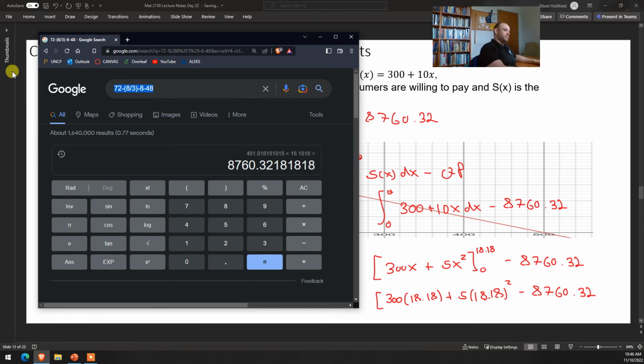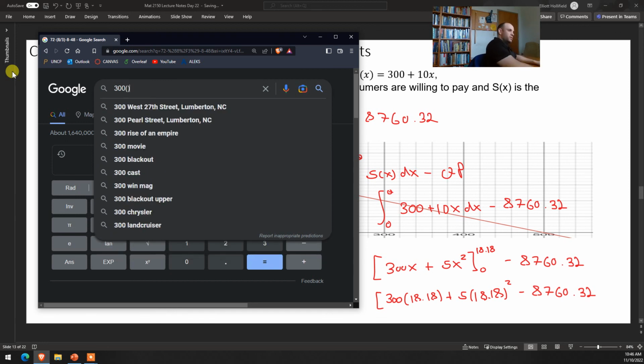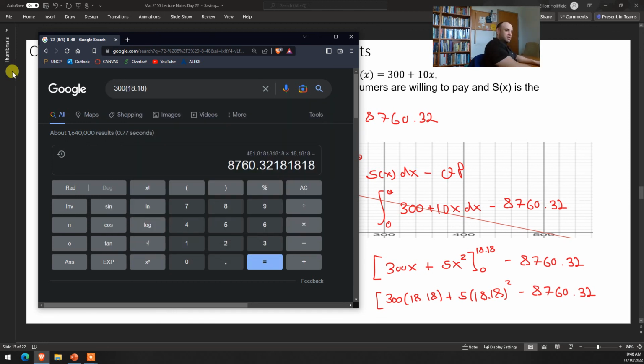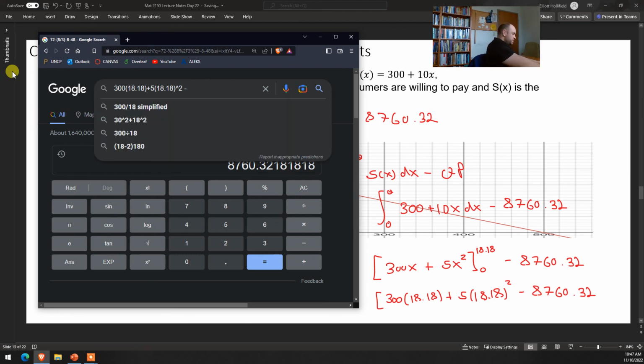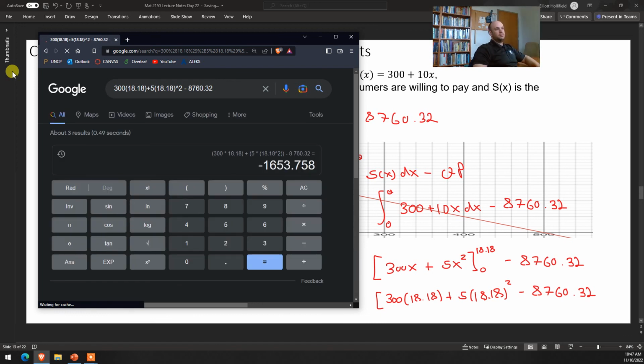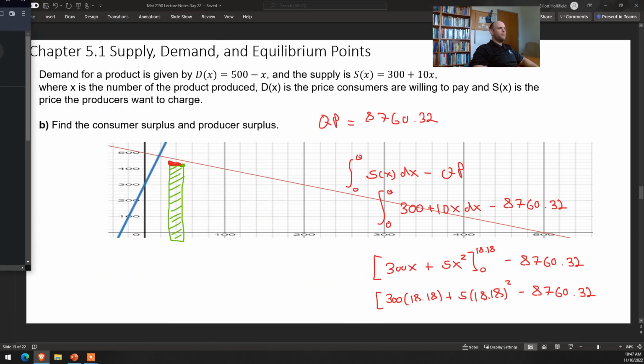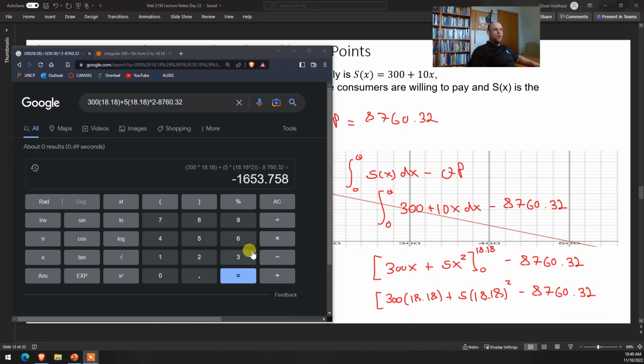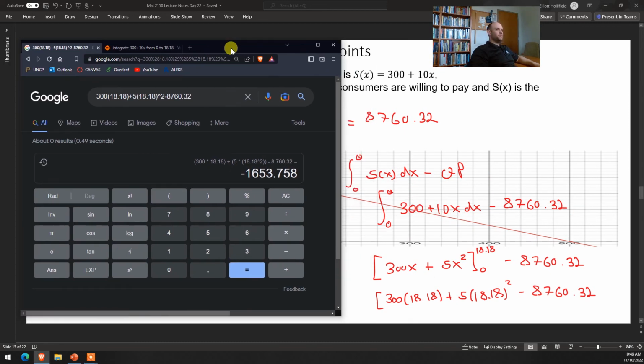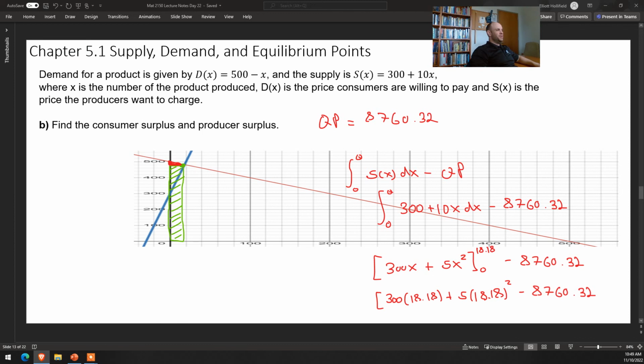We have 300 times 18.18 plus 5 times 18.18 squared, and then minus 8760.32. Well, that's not good. We got a negative number. Oh my goodness, we did something silly here.